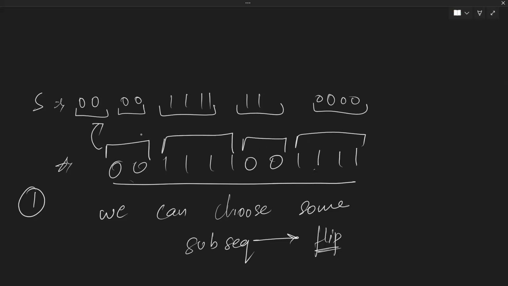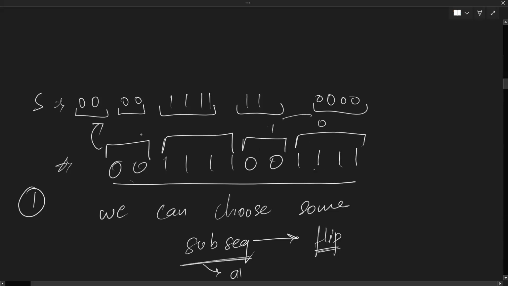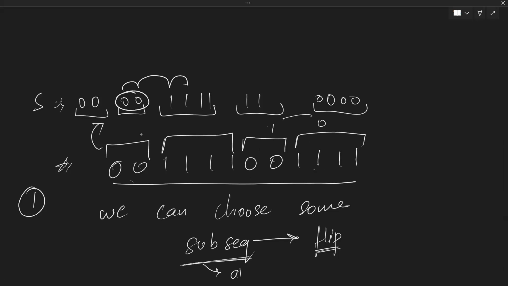And there is one more constraint: the subsequence that you're selecting should have alternating characters. Like I chose, here it was 0, here it was 1, and here it was 0, right? So it was alternating. You cannot select a subsequence like this, because at these two places the character is same, at these two places the character is same. So you need to select positions which have alternating characters. If the last position that you selected had 0, the next position can have 1.